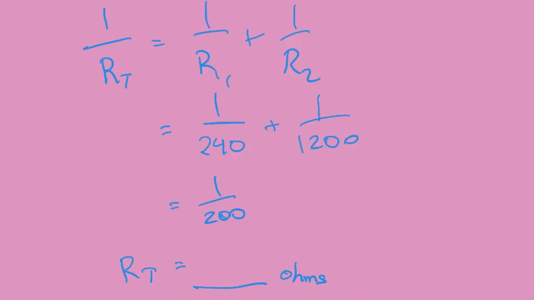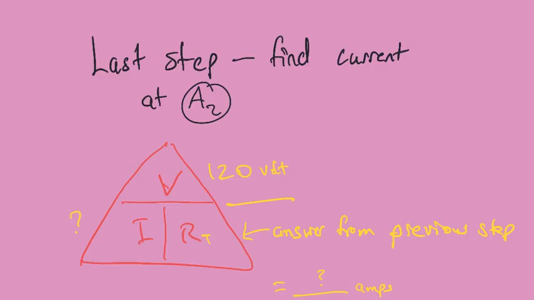Are you ready? And now for the last step, yippee yippee. They want us to find the current at the ammeter reading of A2. So if you look back at the diagram in your PACE at A2, we're going to take the total voltage, which is 120 volts. That stays the same through the whole problem. The total resistance, you remember that answer from the previous step?